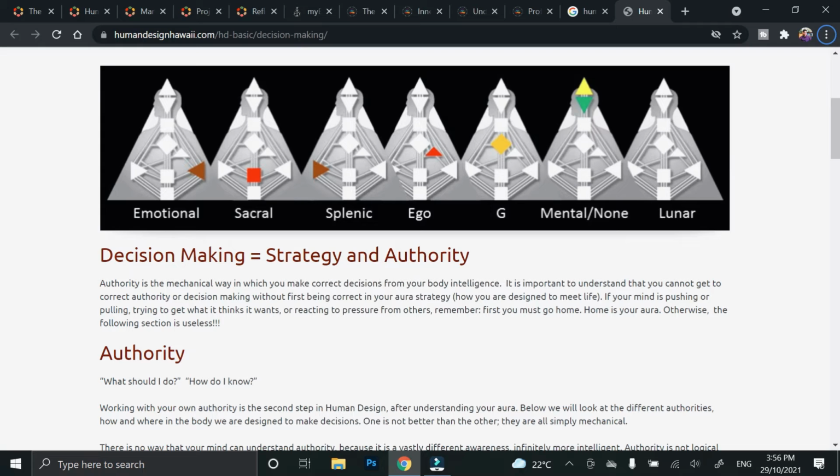And so in human design, there are about 7 types of authority. 5 of these authority types are called the inner authority.